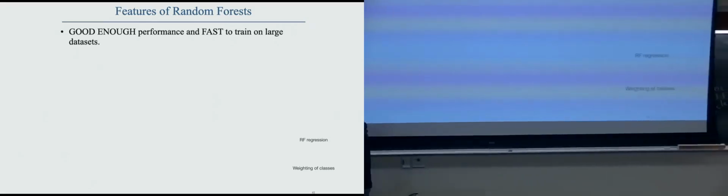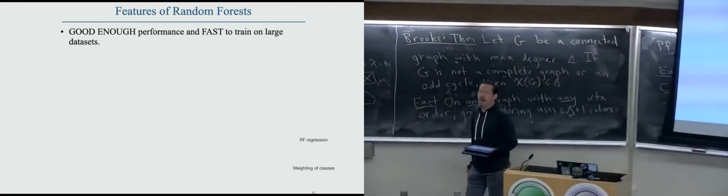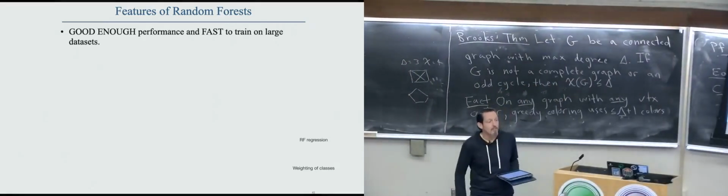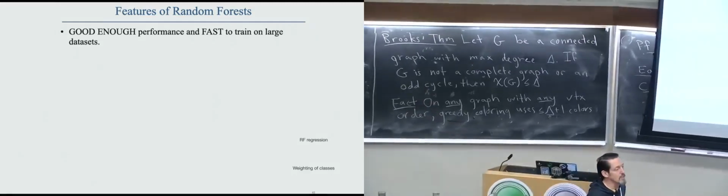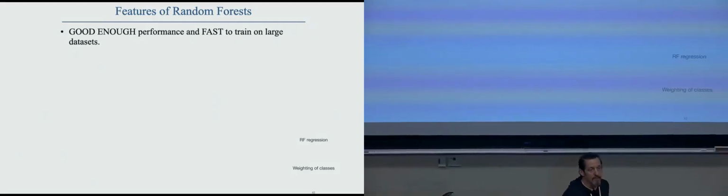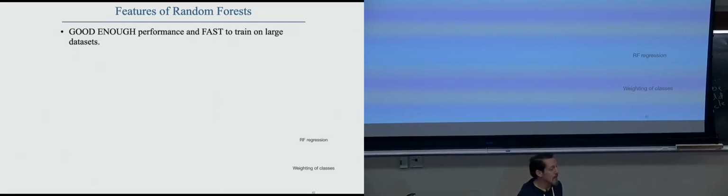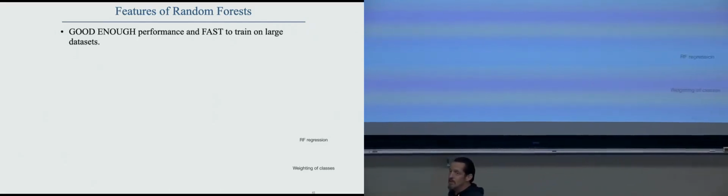Okay. Random forests are probably the first thing I will try on a tabular data set. Why? Because they're pretty much good enough. Right? You don't want to use decision trees because decision trees overfit. But random forests, by virtue of being ensembles of decision trees, they don't really overfit.